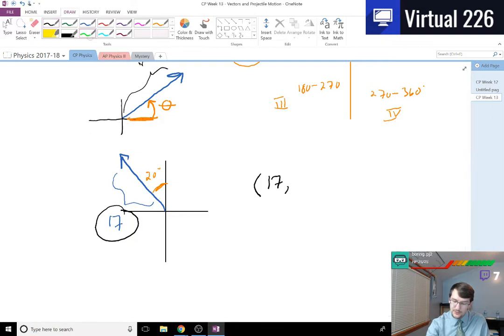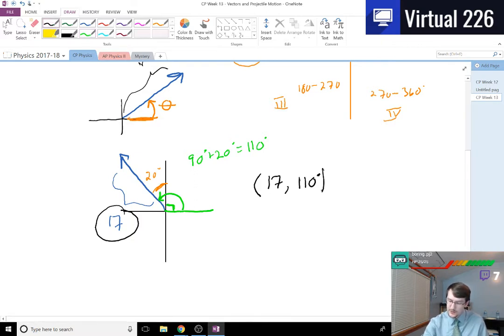We want to be careful because that angle is from the positive x-axis all the way around. I can easily get that because I know between the x and y axis is 90 degrees, and then 90 degrees plus 20 is 110 degrees. So that second value would be 110 degrees, and that's the polar angle.